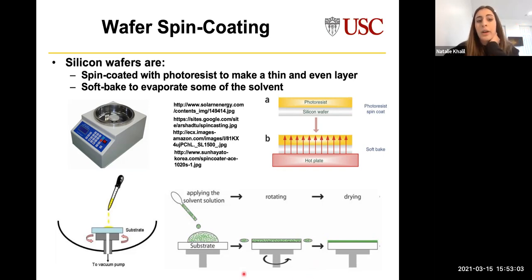And because we're working with something that starts out viscous, the next step is to evaporate out some of the solvent in order to be left with a dry layer of photoresist, something that is more like solid. And so that's what's shown here. You'll place your wafer with photoresist on a hot plate. This is called a soft bake. That's the name of this step. And this just evaporates out some of the solvent in order to dry the layer of photoresist.